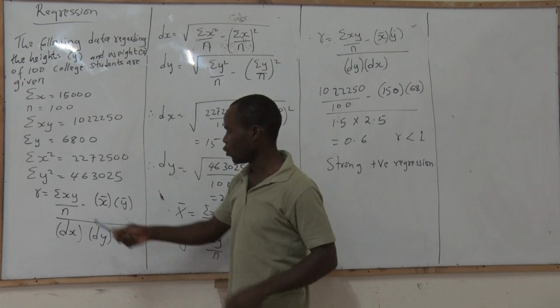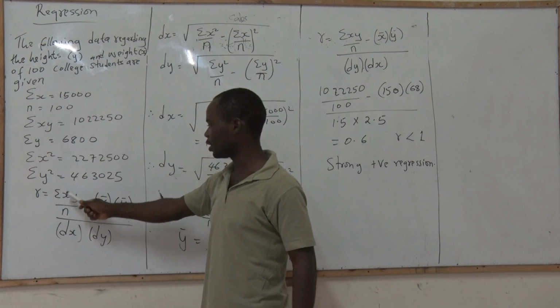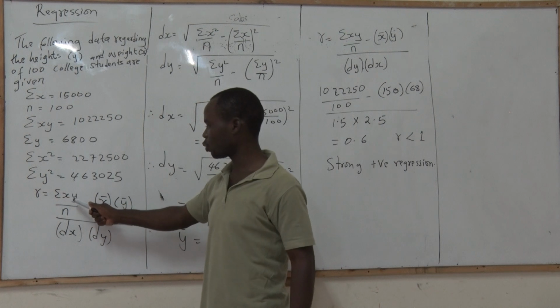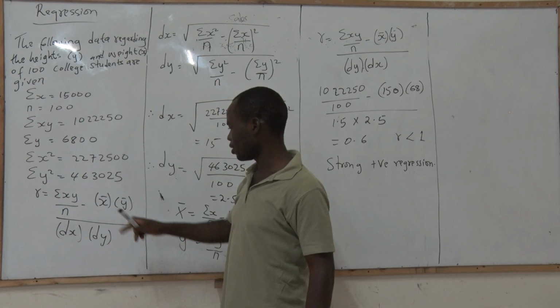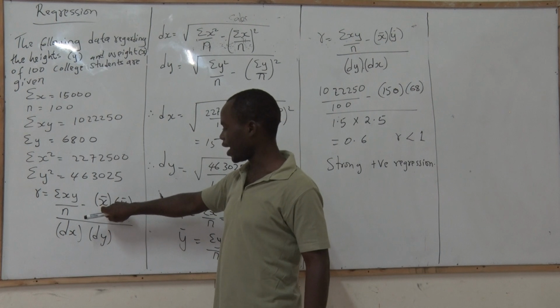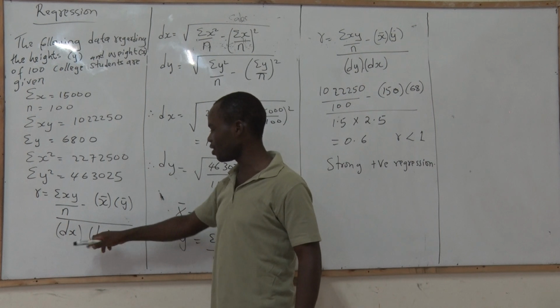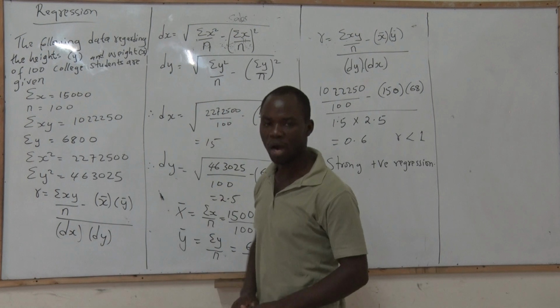To do that, we are going to use this formula whereby R is the coefficient of regression given by the sum of the product of X, Y divided by the number of samples N, minus X bar times Y bar, and we are dividing by the deviation in X times the deviation in Y.